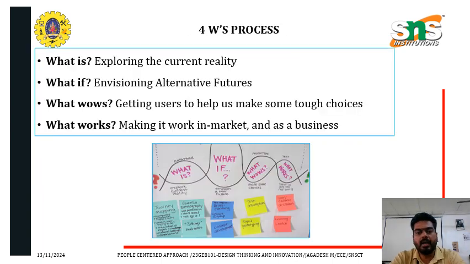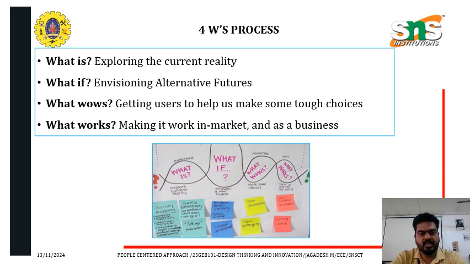So, the four W's process. Whenever design thinking comes into the discussion, we have to see the four W's. That means: what is, what if, what wows, and what works. First, what is means exploring the current reality, and what if means envisioning alternative futures.